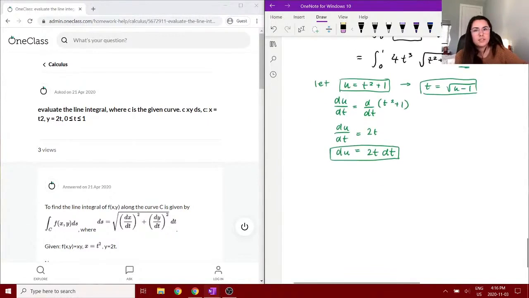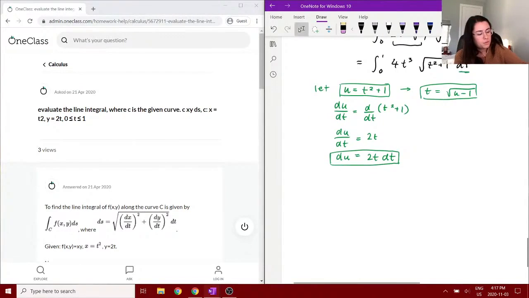All right, so working with this equation, going back to this, oh, remember to change the bounds. Originally we have t from 0 to 1. So that's what we're going to use this equation for. To find the bounds, u equals something new and u equals something else.